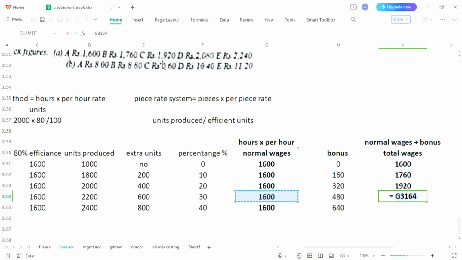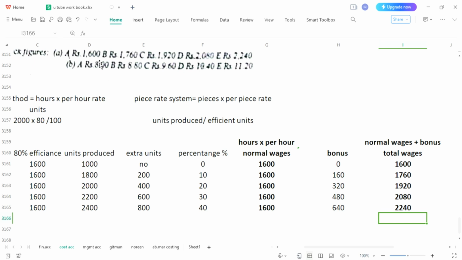Next, 1600 normal wages, 480 bonus, 2080. Please focus over here, 2080 for D, and for E 1600 normal, 640 bonus, and you have got 2240, wages of E.